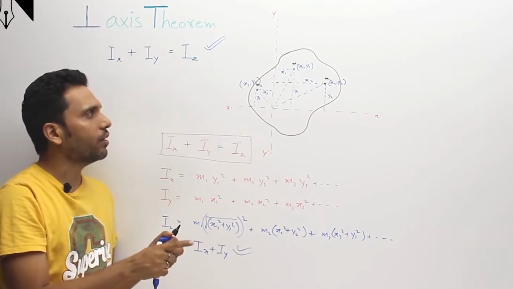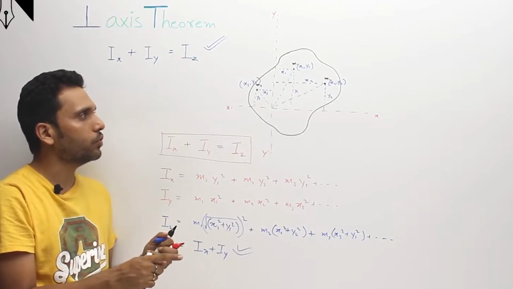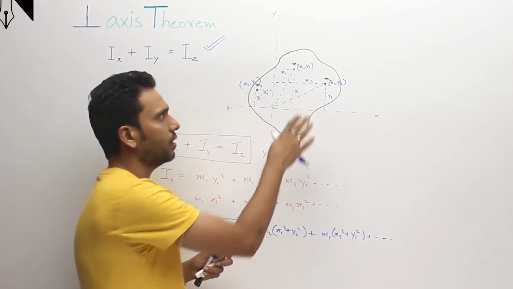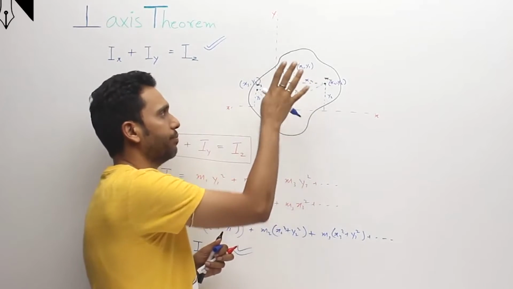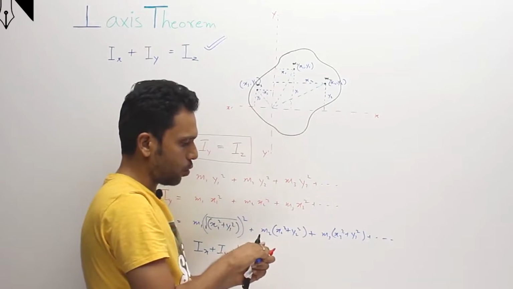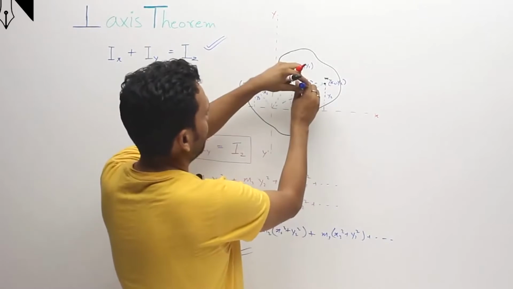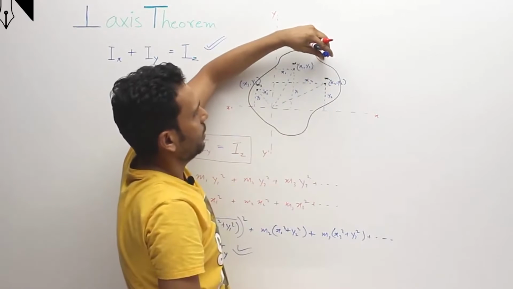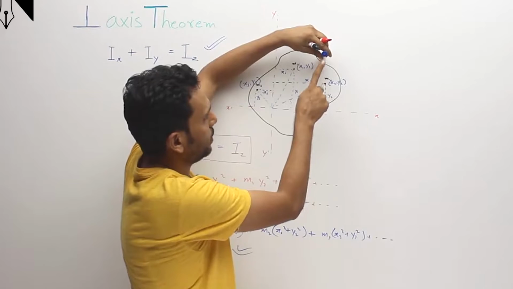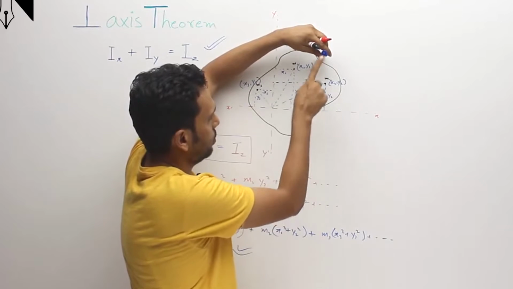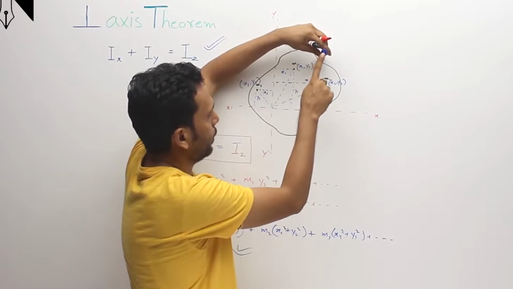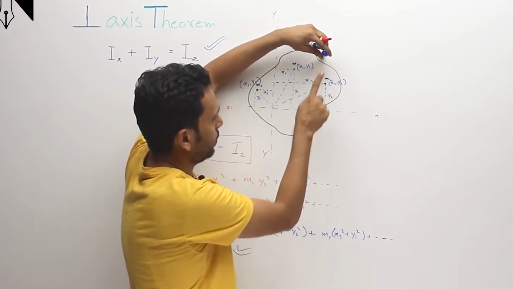So why will it not hold good for bodies which are having depth? Let me take a mass, suppose the body had some depth or height, and I consider a mass over here, somewhere over here. Now what is Ix? Ix will be this distance square into whatever mass it is, say m4 into this distance square.